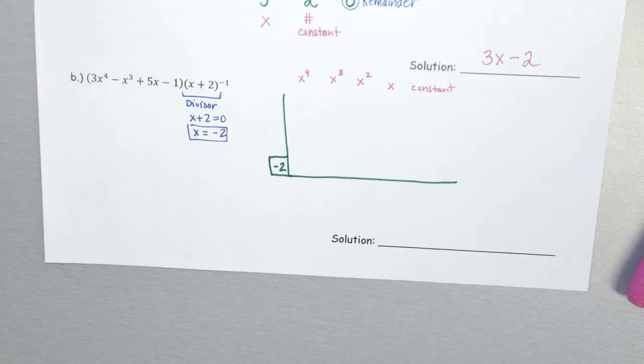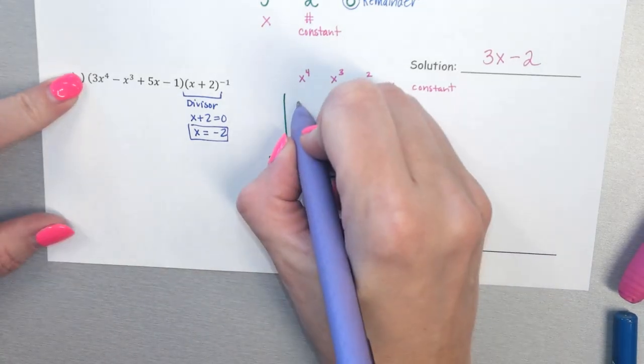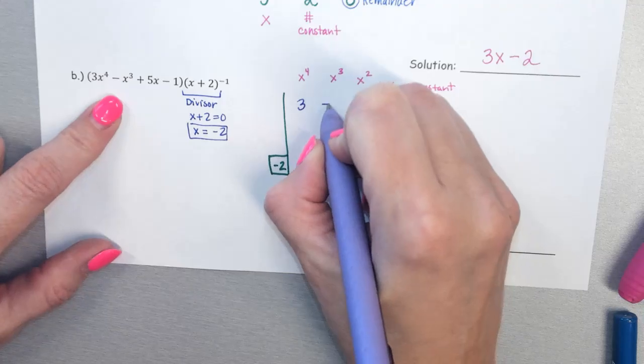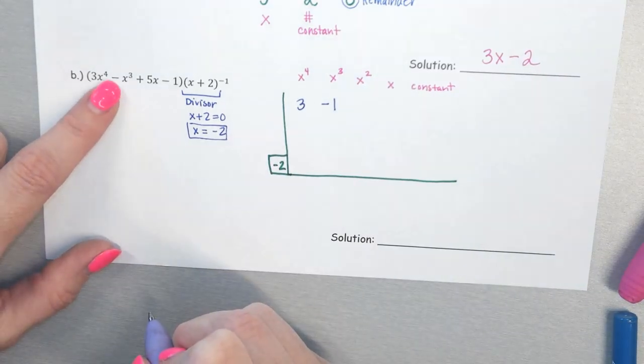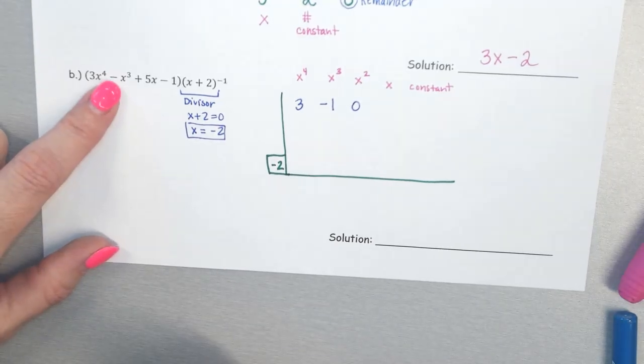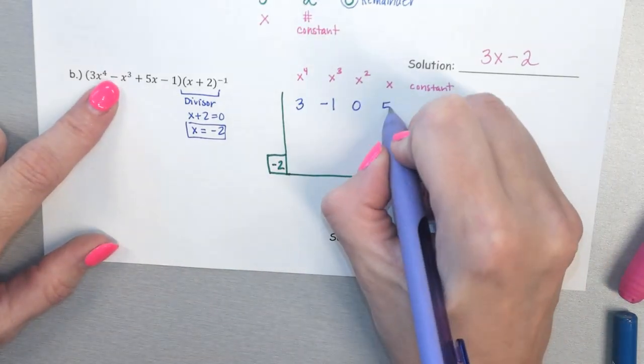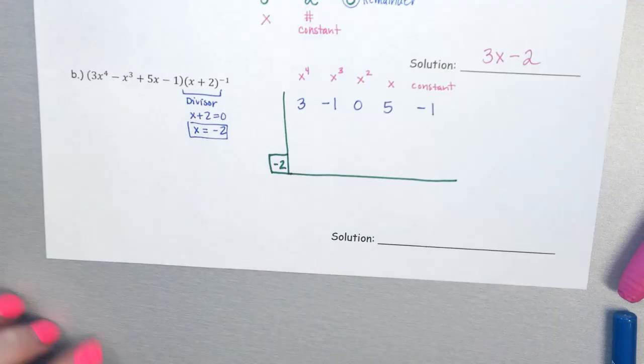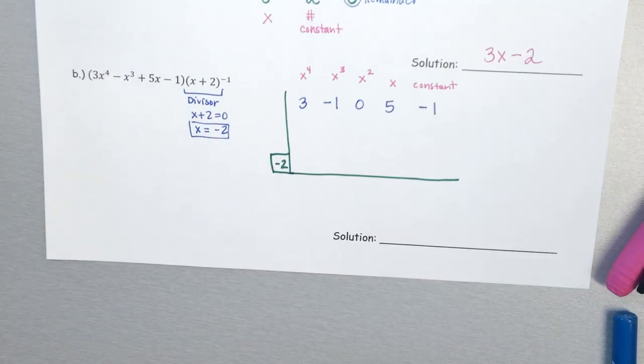If you feel you can do that process without me, you can go further, but make sure you're checking in. The coefficient for x to the 4th was 3. For x to the 3rd, negative 1. There was no x squared, so we have to put in the 0. For x, it was 5, and the constant is negative 1.